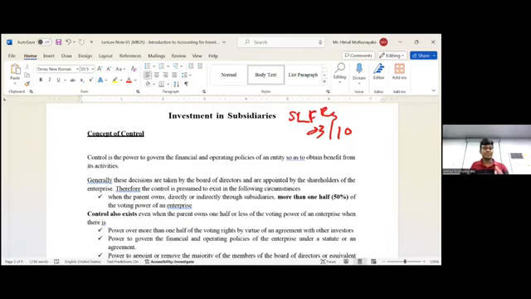But with a subsidiary, you have a controlling power. You can say control is the power to govern the financial and operating policies of an entity so as to obtain benefit from its activity, right? So now you have a power to govern.